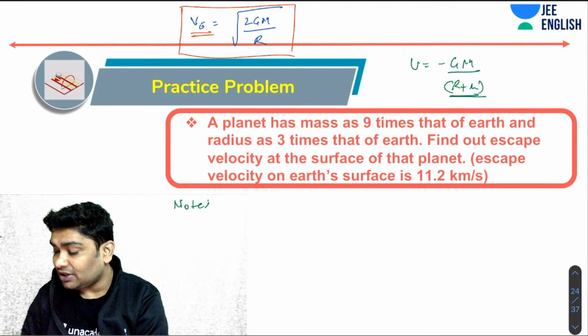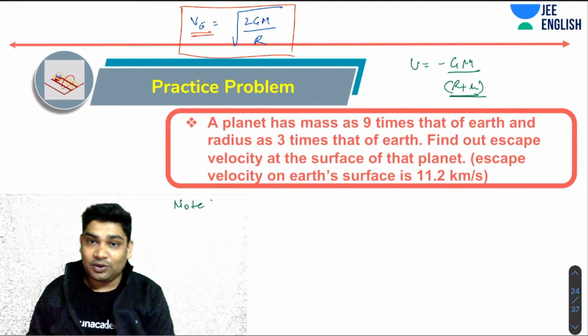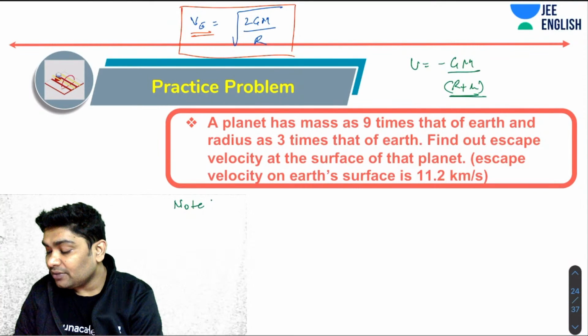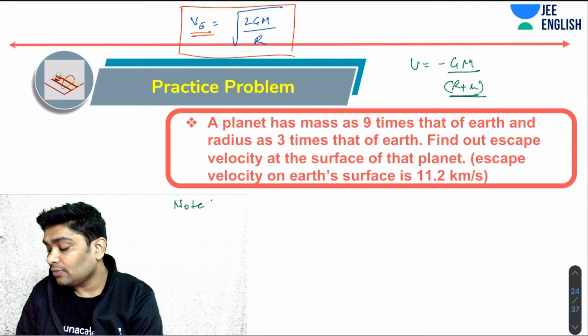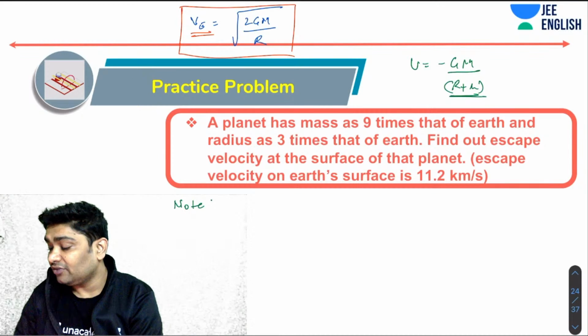Why? The gravitational potential energy is decreasing. The negative energy is decreasing, so the positive amount of energy that I need to give to the object also reduces. So escape velocity required reduces with height from the surface.